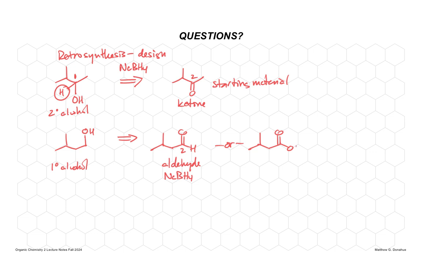Say we want to use a methyl ester. And then we would have to use sodium borohydride, or excuse me, lithium aluminum hydride. If you started with either of those and you matched the reagent properly, you would still get the same product.